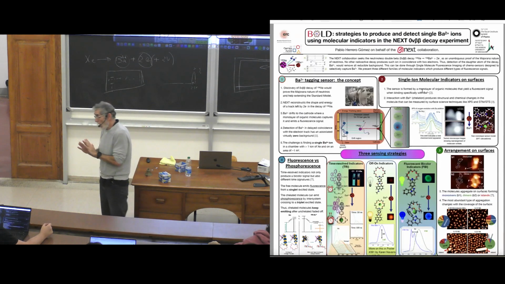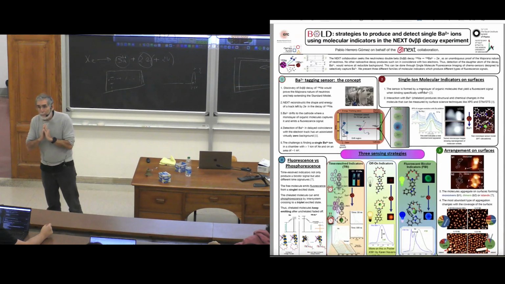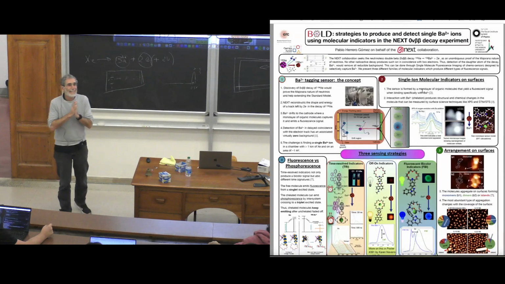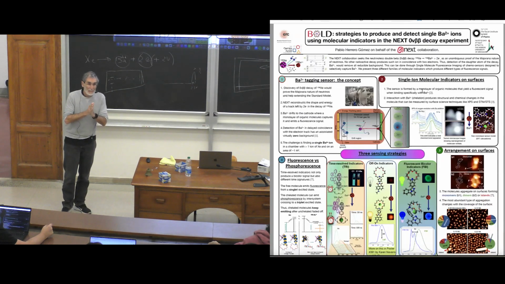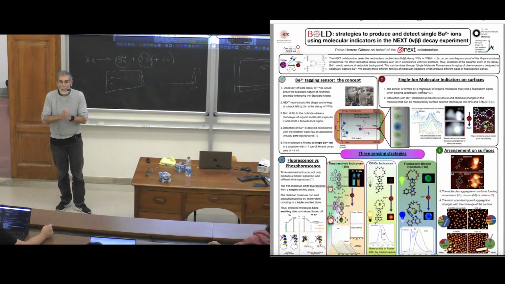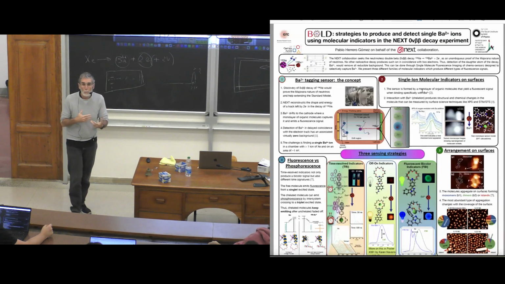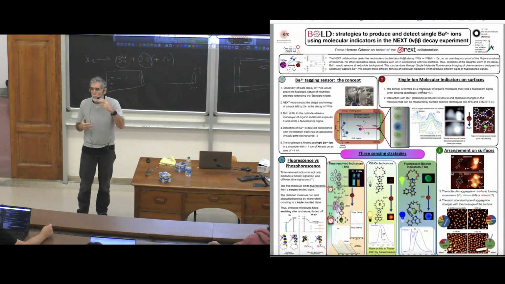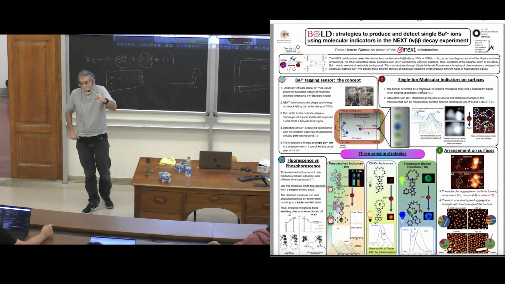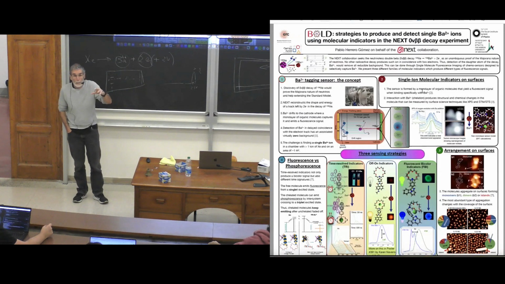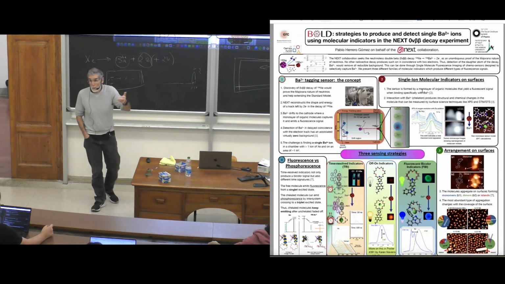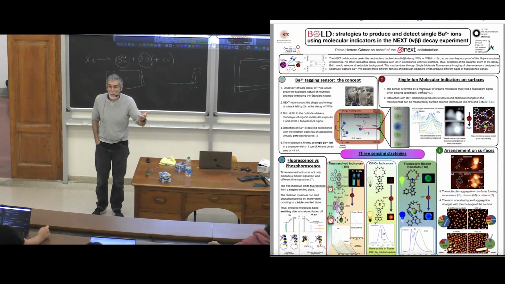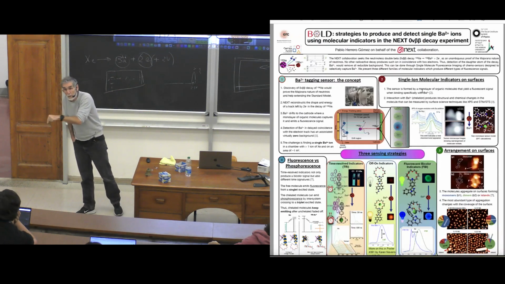Okay, so now we have invented something interesting, the delayed coincidence. And this is the power of it. Sometimes when people talk about barium tagging, you tend to think that what is powerful is that you can see the barium. Sure it is. But if you manage to do that, the argument will be, oh, well, how do you know this is not spurious? Because it needs to happen in coincidence.